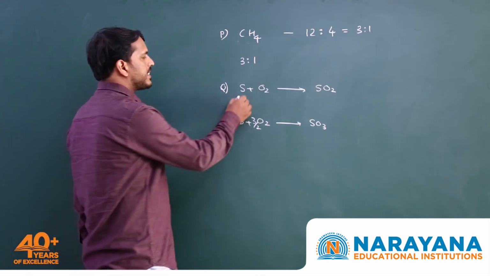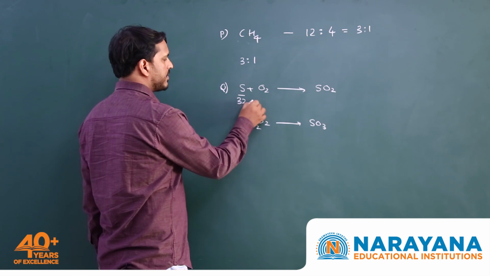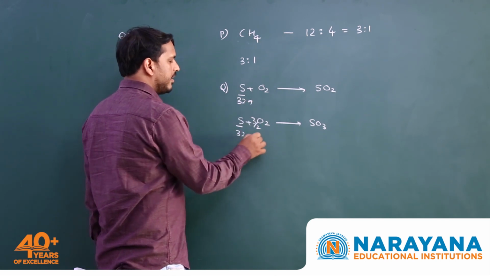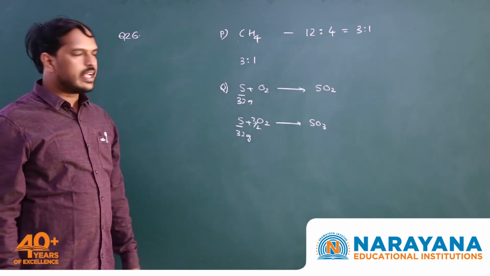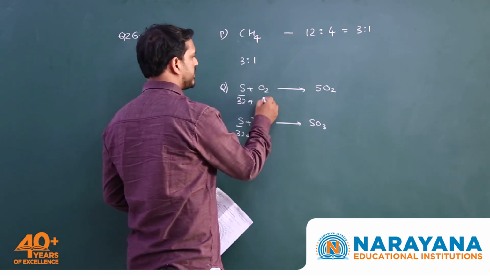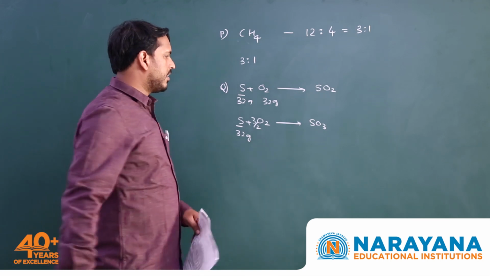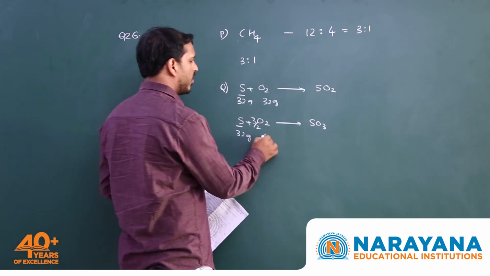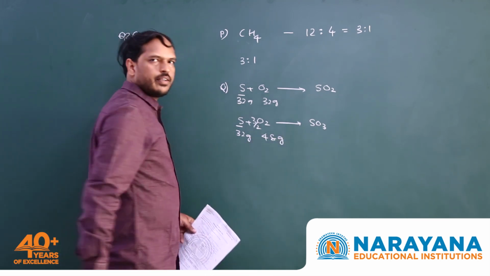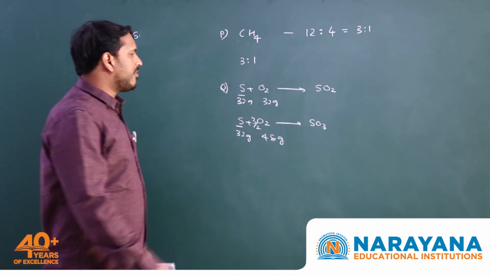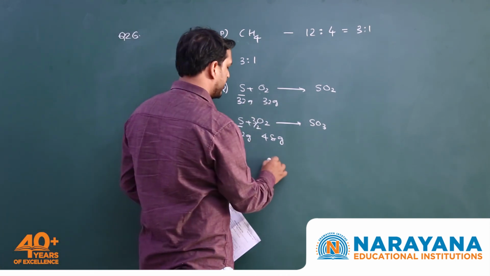Now, if you take the fixed mass of sulfur, that is 32 grams, 1 mole, the weight of O2 used in these two reactions is, in the first reaction 1 mole O2, that is 32 grams, here 3/2 moles O2, that is 48 grams. So, now the weight ratio of O2 in these two is how much? 2/3.